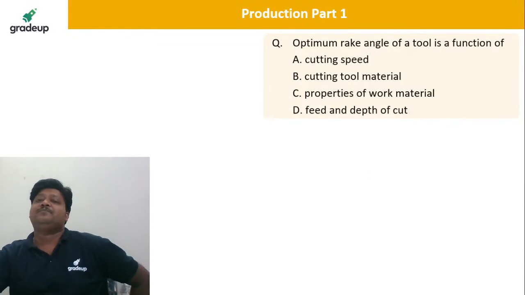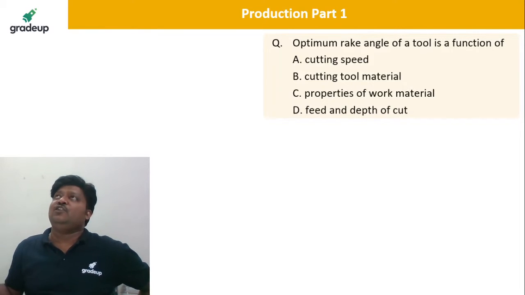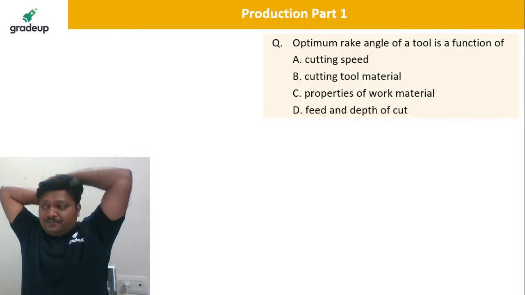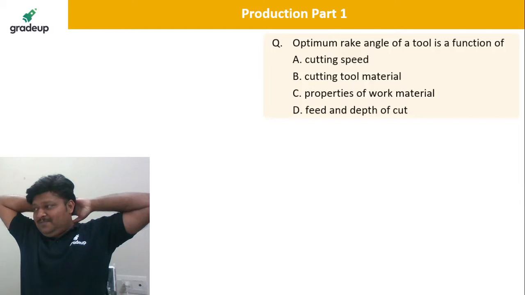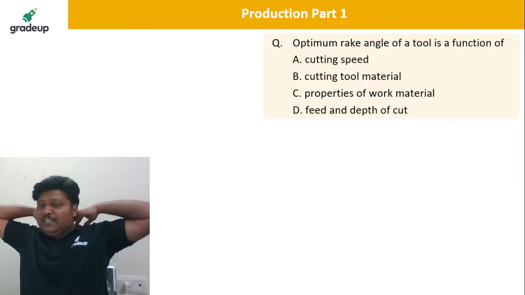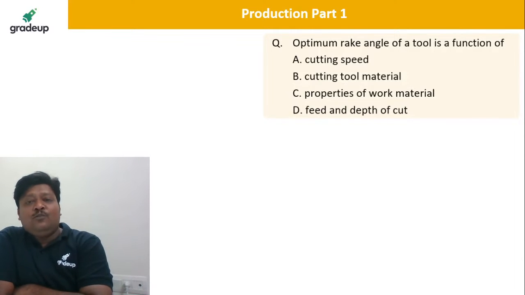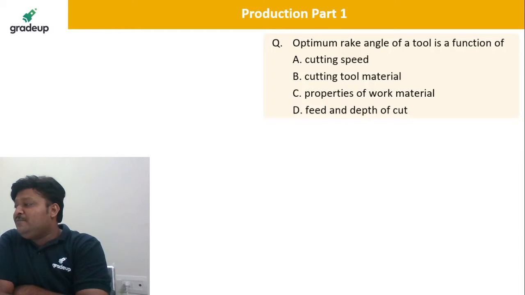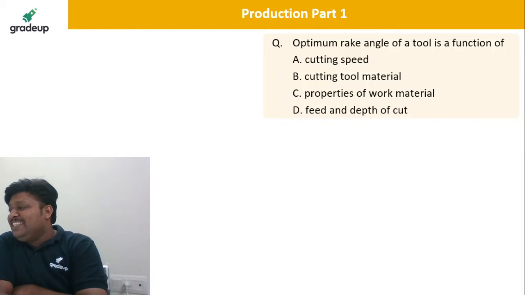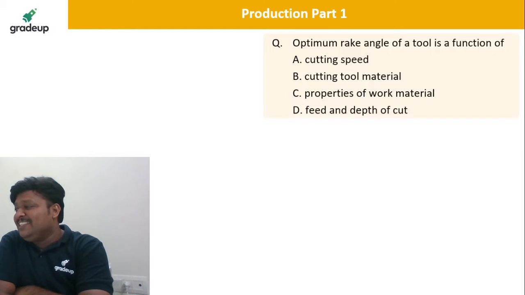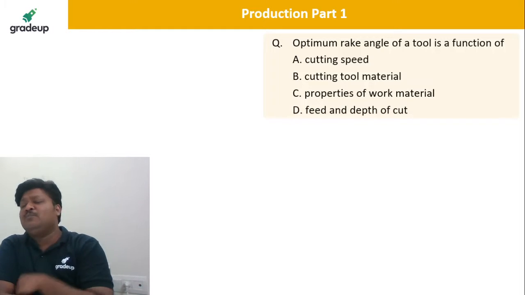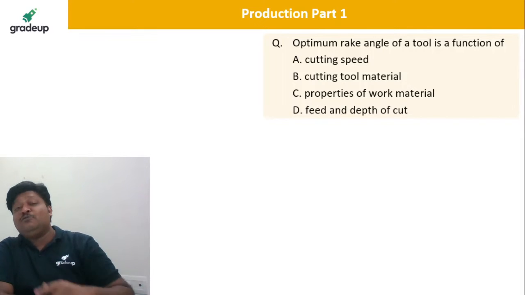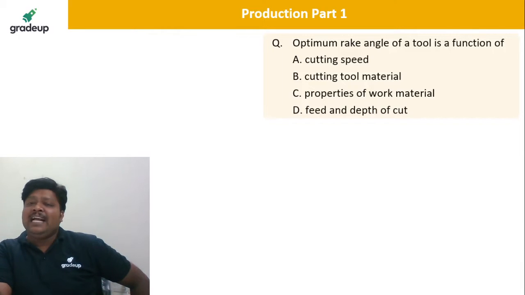Okay, take the next. The optimum rake angle of the tool is a function of what? See, how to choose the rake angle depends upon the properties of the material, which decide what the rake angle should be for that particular material.